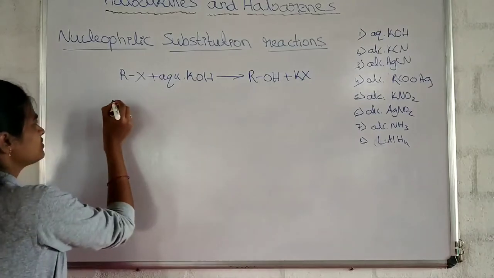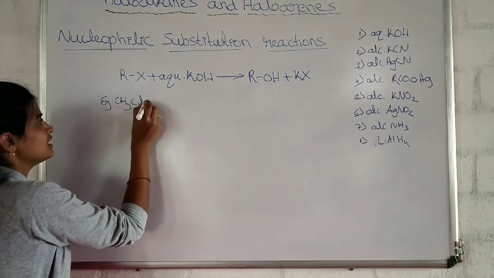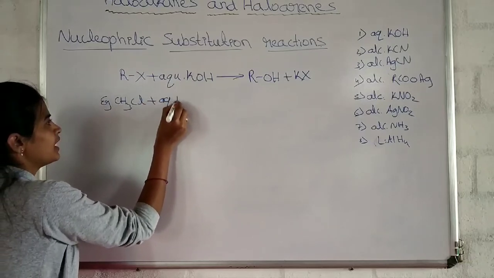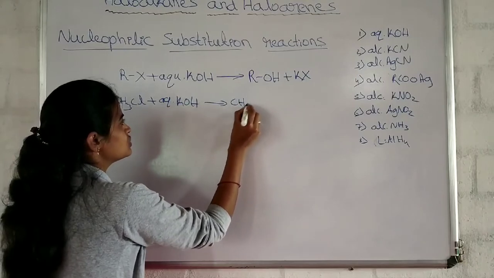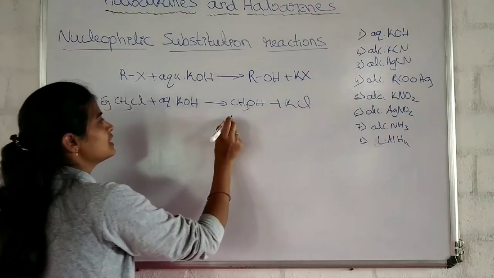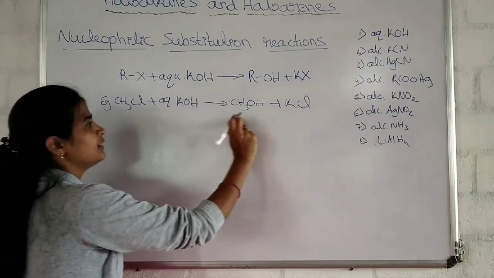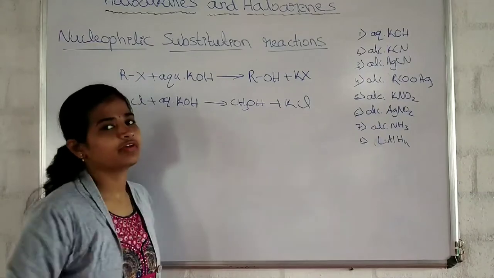Example, CH3Cl plus aqueous KOH gives CH3OH plus KCl. This is methyl chloride and methyl alcohol. The mechanism of this we have studied.